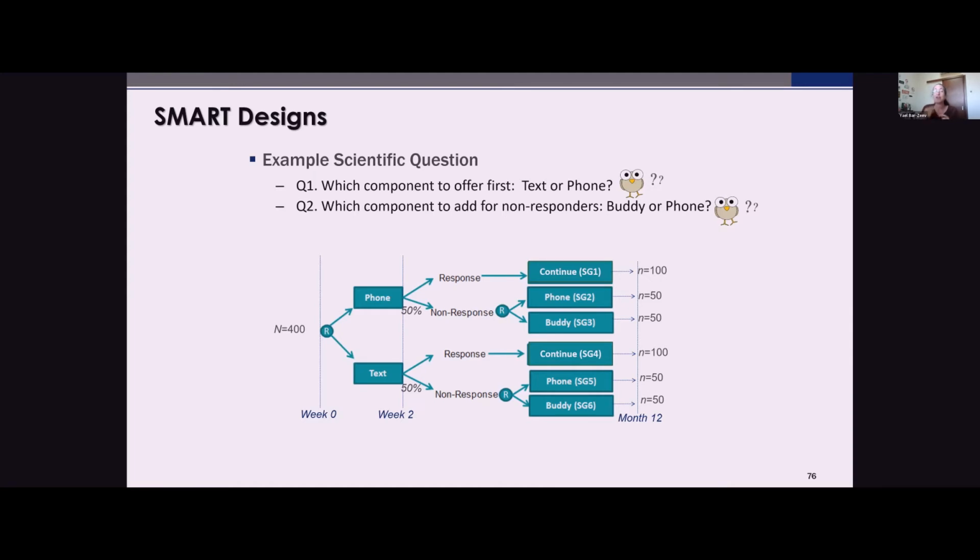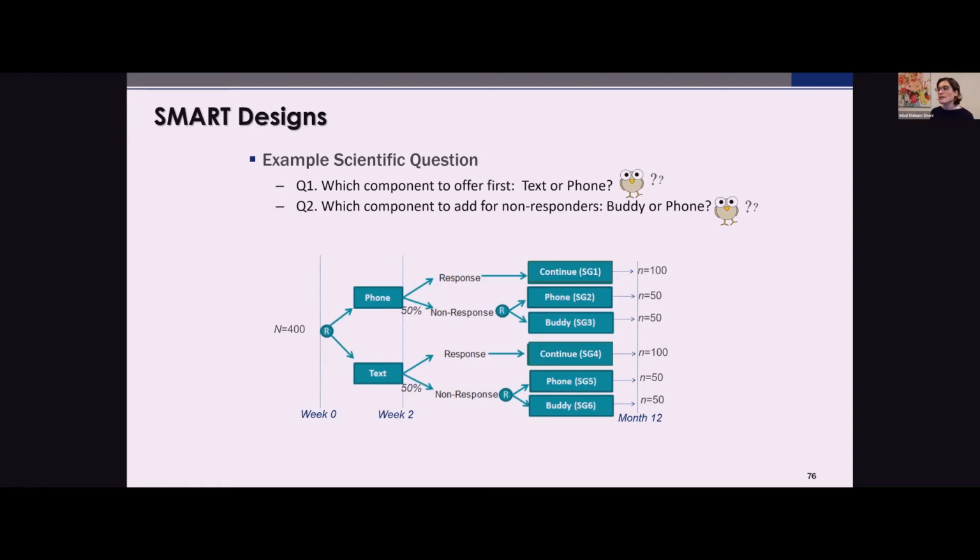And for your comparison afterwards, if I'm comparing the addition of the phone versus buddy, I still think there's some difference between a person that started with the phone text, and you're ignoring that. I'm not ignoring that. I'm actually controlling for it by design. Your comparison is going to be all of the 50 versus 50, like the 100 versus 100.